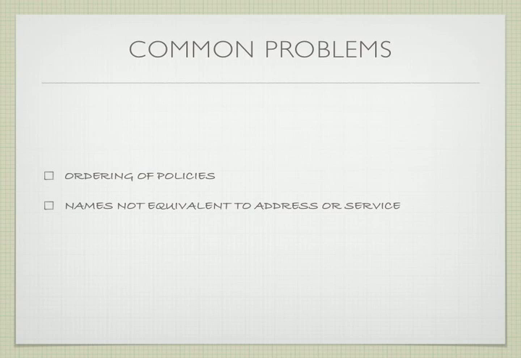You have to remember that these address and service names are not the same as the actual address. So sometimes, depending on your naming convention, you may be naming things as their text name the same as their IP address or that sort of thing.